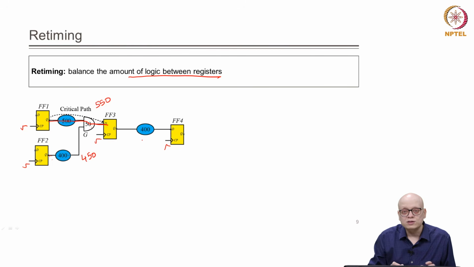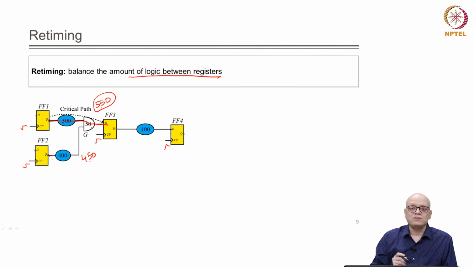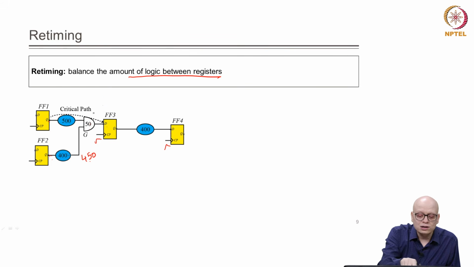This is the delay of this path, 400. So, these are the delays. Now, out of 450, 550 and 400, the maximum is 550. So, the clock frequency at which this circuit will work will depend on the critical path. So, the critical path is this, and its delay is 550.